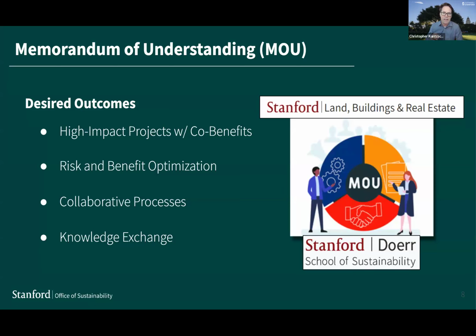We have a focus on ensuring that we're engaged on high impact projects that do create co-benefits for everyone involved. We want to optimize the balance of risk and benefit to operations while also advancing our academic mission. We want to establish processes that facilitate collaboration, and we want to encourage a rich exchange of knowledge in topic areas of mutual interest.